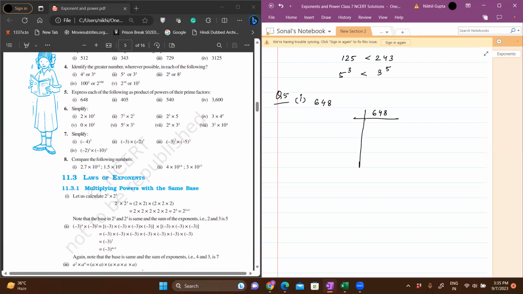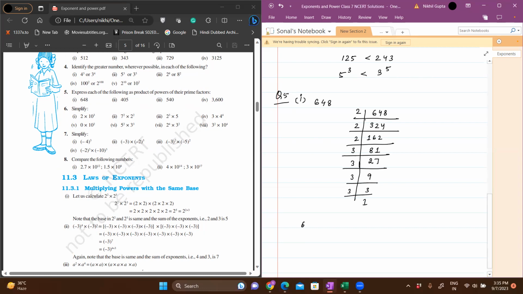So if you see 648, it comes in the table of 2. 2 3s are 6, 2 2s are 4, 2 4s are 8. Again with 2, 2 1s are 2, 2 6s are 12, 2 2s are 4, 2 8s are 16, 2 1s are 2. Now it will go by 3, 3 2s are 6, 3 7s are 21, 3 9s are 27, 3 3s are 9, and 3 1s are 3.